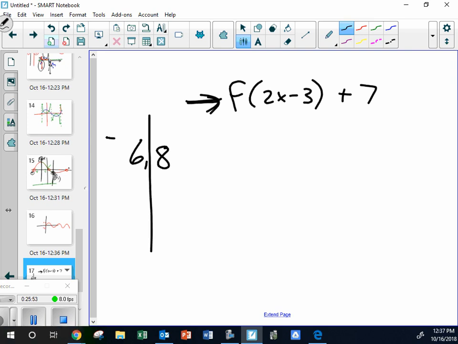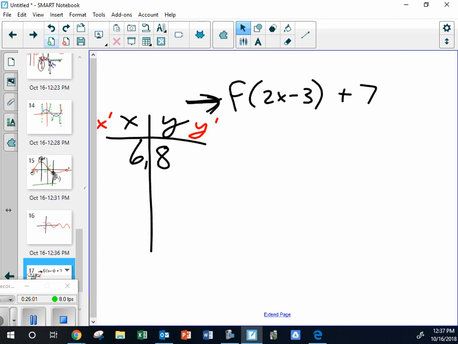I like to think of these in an XY chart. And you do the changes and you'll have X new and Y new. X prime and Y prime.